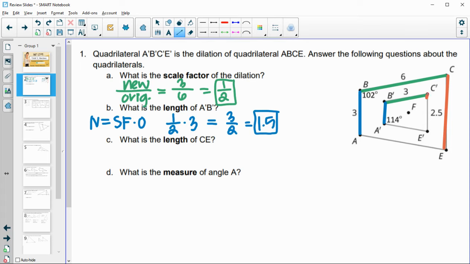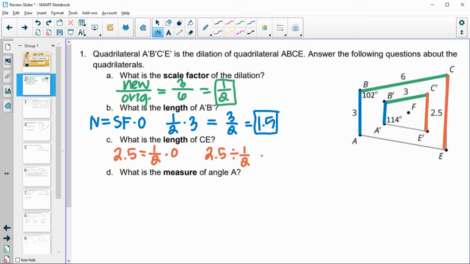Okay, so we know that the new length is 2.5, and we're looking for that original. So we've got 2.5 equals the scale factor of 1/2 times our original length. So we'll be dividing by 1/2 essentially. So we'll be taking 2.5 divided by 1/2, and that is 5. So that's going to be our CE side length.